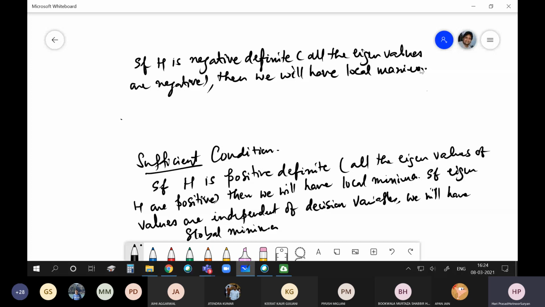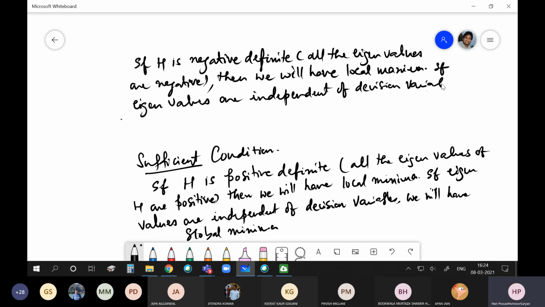If these eigenvalues are independent of decision variables, we will have a global maximum.